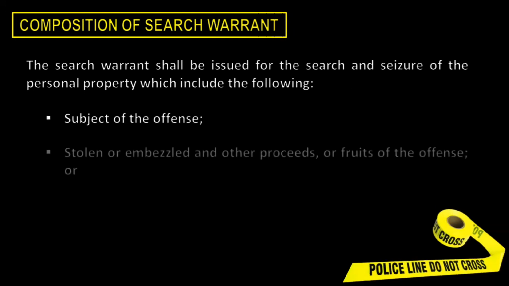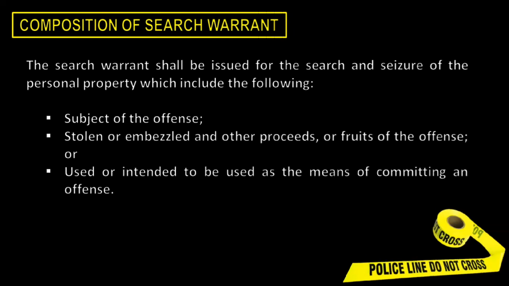We have here the subject of the offense, for example, drugs or illegal firearms; stolen or embezzled property or other proceeds or fruits of the offense; and property used or intended to be used as a means of committing an offense, so the weapons used for the commission of the offense. These are only the subjects that could be seized and that could be searched.